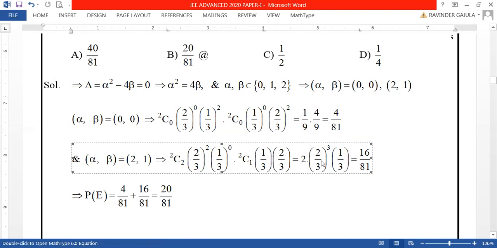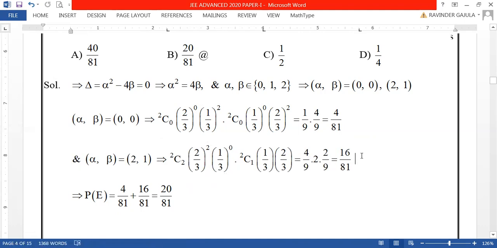So 4 by 9 and 4 by 9 gives 16 by 81, the probability. Got my point here.